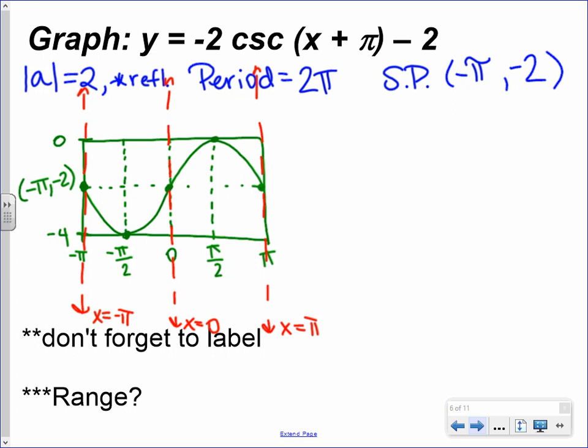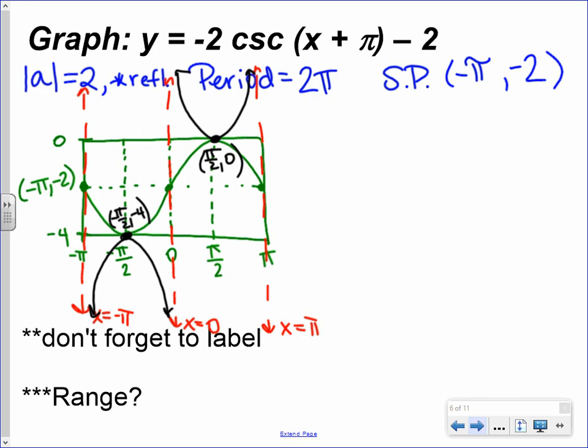And then anytime we are changing direction, like here, that's where we're going to draw our U's. So we still have 5 items that we are labeling.